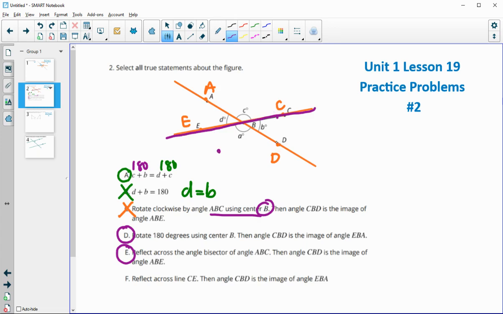And D is going to land, perpendicular to the line and then up, here. So you'd end up with these two lines. And if you had tracing paper, you could do that and fold it. But then our CBD and EBA are going to be reflections of each other. And you can see that this didn't land on those other angles. So this one would be false.